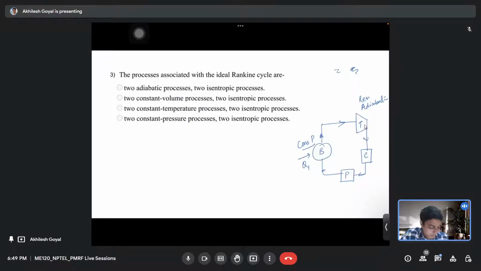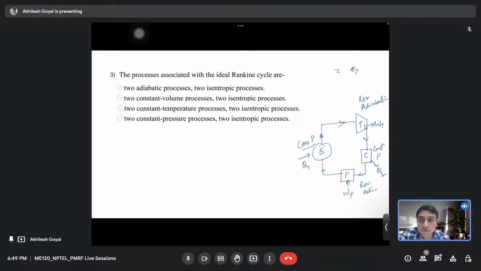In condenser again it is constant pressure heat rejection, and in pump it is reversible adiabatic compression. So in the ideal Rankine cycle we have two constant pressure processes and two isentropic. Reversible adiabatic process is an isentropic process.